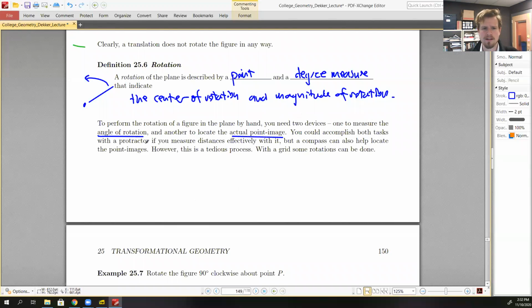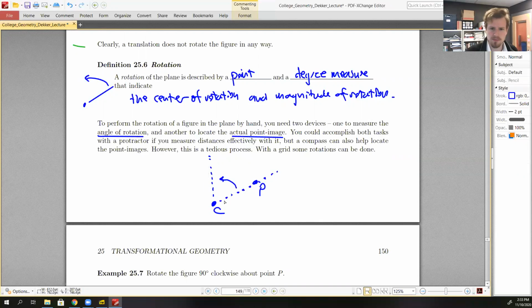So what they mean by that is if we have a center here and we have some point, we're going to consider this line, rotate by the given magnitude onto this line, and then we have to mark it on the appropriate location. So the distance should be the same here.